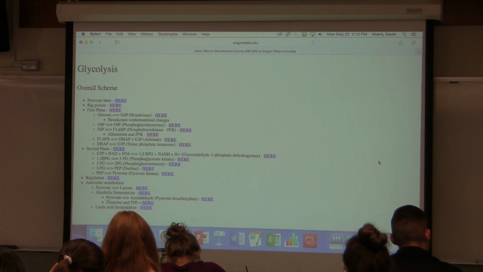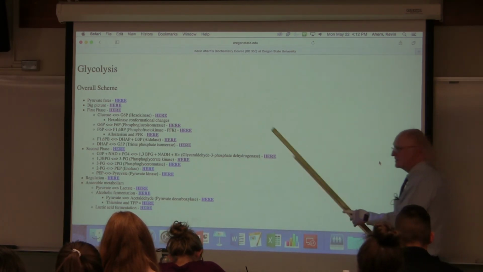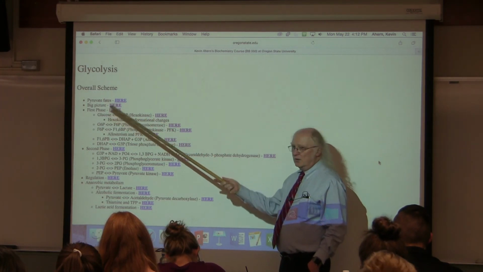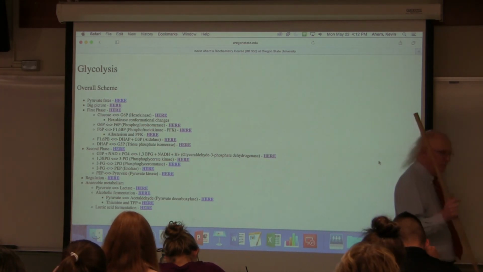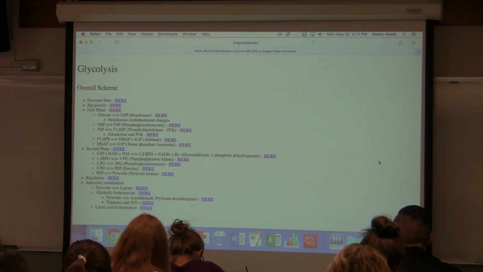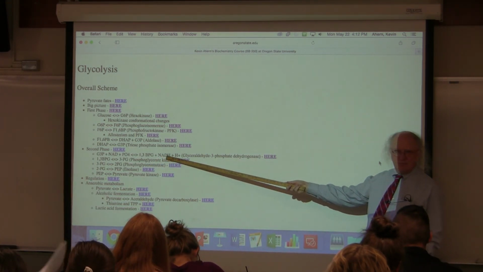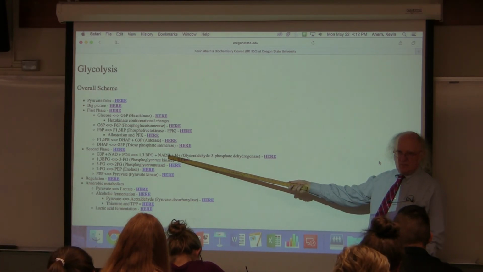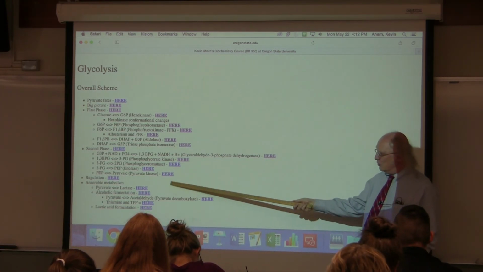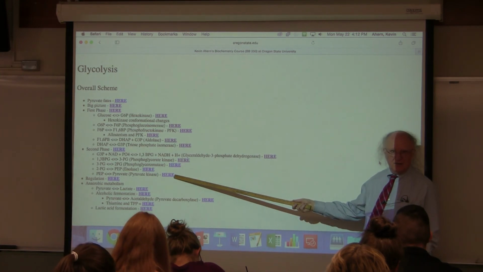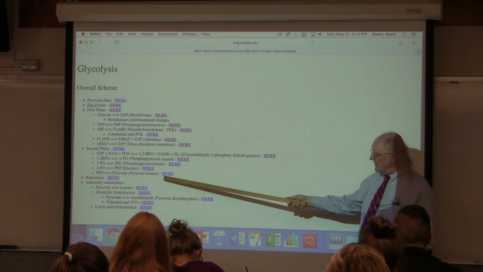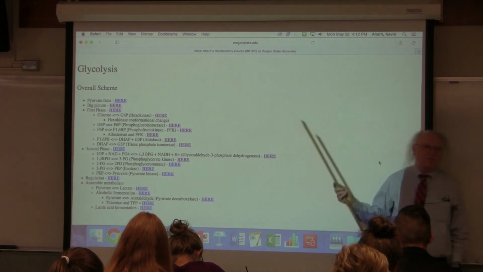So now we can summarize what's happened in glycolysis. We started with 1 molecule of glucose. What did we end up with? We ended up with 2 molecules of NADH. We ended up with a net of 2 molecules of ATP. And we ended up with a net of 2 molecules of pyruvate.